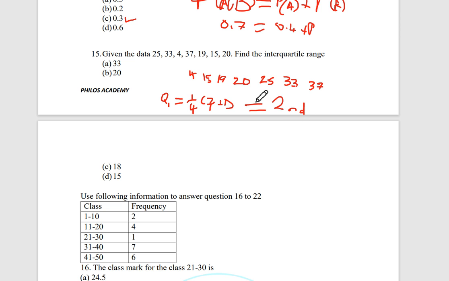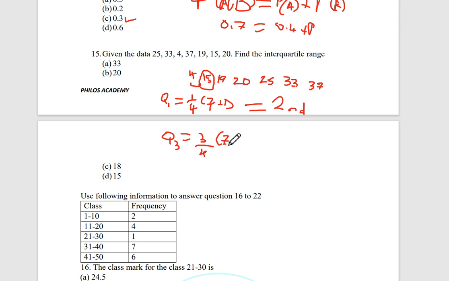So what this means is that to get the first quartile, you count 1, 2. So 15 is the first quartile, sorry. So you find the second position to get the first quartile as 15. To get the third quartile as well, that's Q3, third quartile is equal to 3 over 4 multiplying the number of values in the data, that's 7 plus 1.